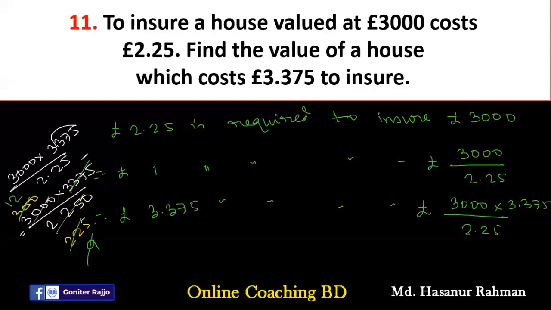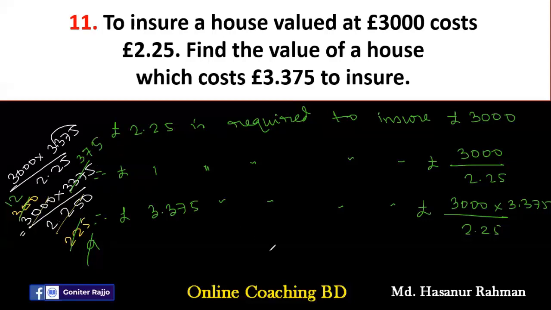What will be the final answer? Look, 3 9s are 27. Then 6 will be left, 67. If we know the table of 9, then we can easily understand that 7 9s are 63. So 7 multiplied by 9 is 63. So we have 4 left, 45. So 9 5s are 45.